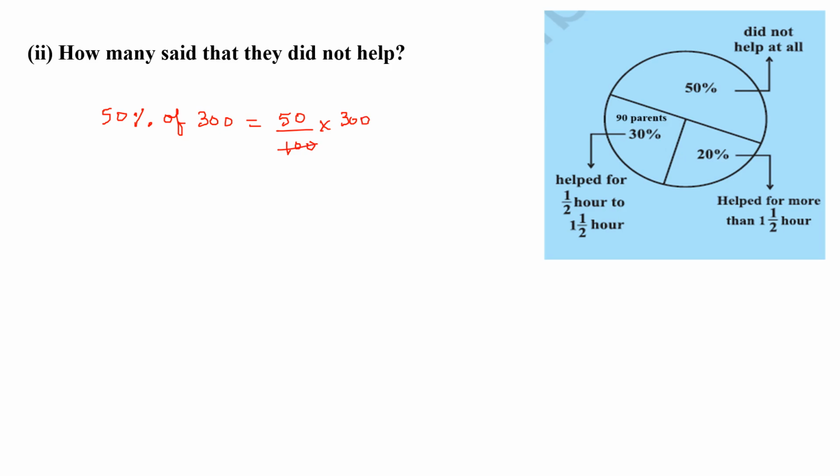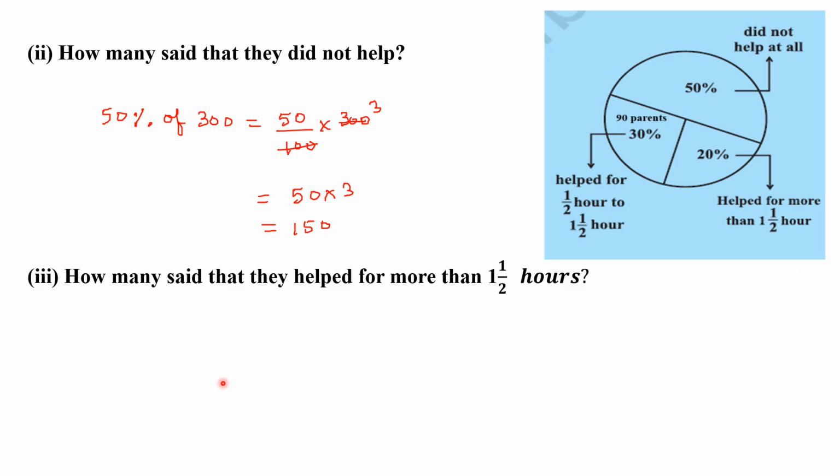If you reduce it, 100 times 3 gives 300. So 50 into 3 is equal to 150. So 150 parents did not help their children at all in doing their homework.